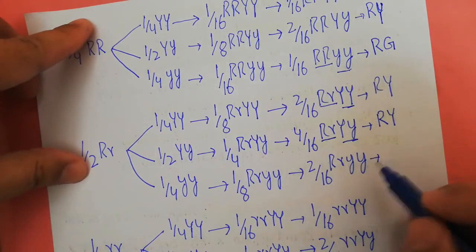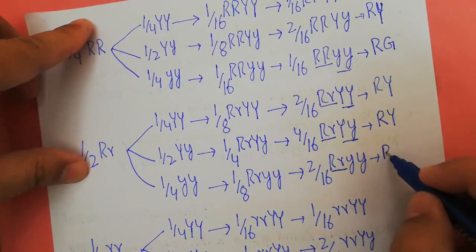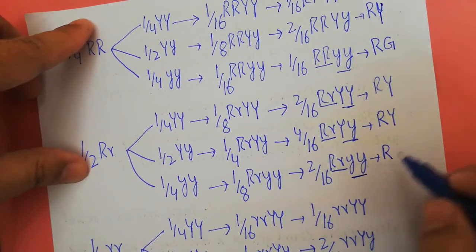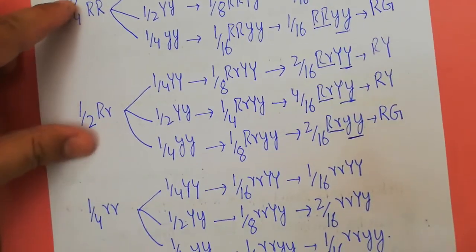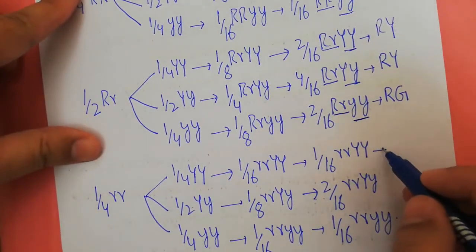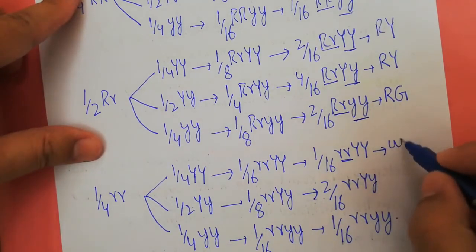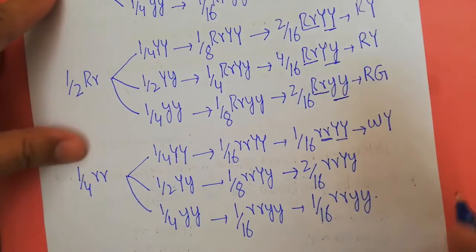If you talk about this one, again, the capital R is dominant over the small r, so it will be round, but as both of the alleles are present for the recessive color, the color of this particular offspring will be green. If you talk about this one, this small r and small r is showing you a wrinkled shape. The capital Y and the capital Y is showing you the yellow color.